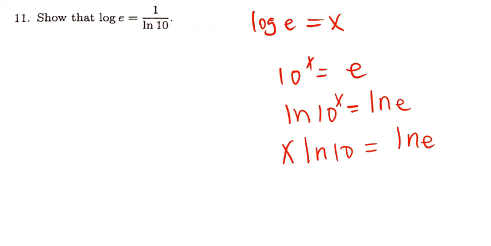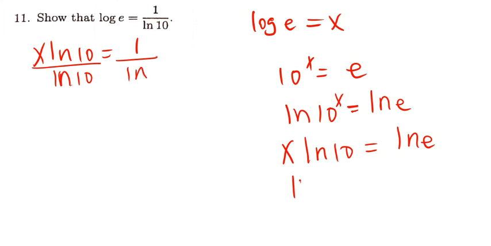I'm trying to find the value of x, so I want to make x the subject of the formula, then that will be my answer. So I have x ln 10 equals 1, since ln e is 1. Divide both sides by ln 10. So these will cancel. X will be equal to 1 over ln 10.